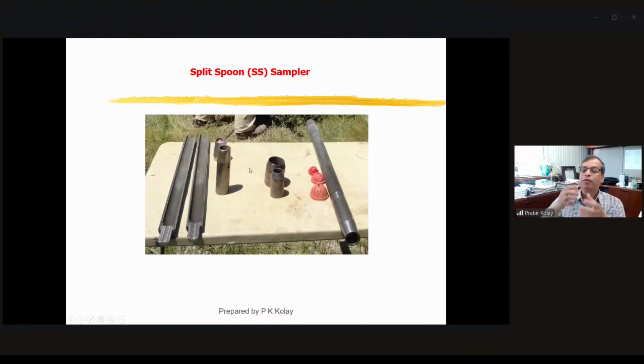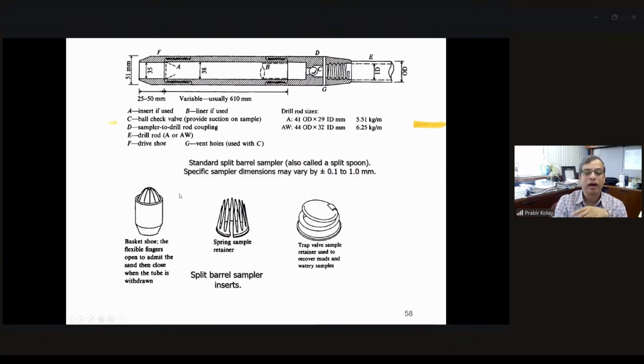Most of the time when you push it, this will just open up, okay, and then when the sample is inside, it closes. So when you lift it up, the sample will not fall. That is the core catcher, and then you can collect the soil sample from there. So this is how it looks like, the core catcher, and as I mentioned, it opens up and then it can hold the sample.